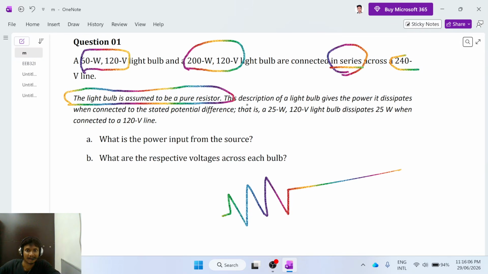That is the description of a light bulb: 60 watt, 120 volt, and 200 watt, 120 volt. First we have to understand the question.